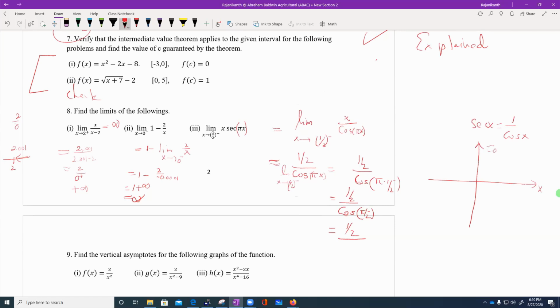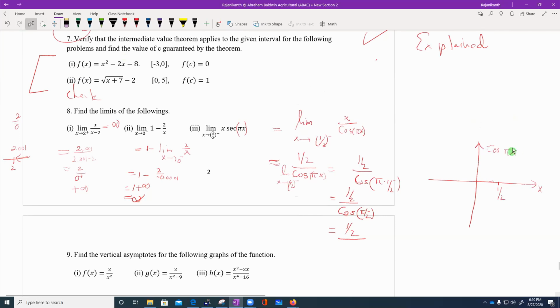I'm going to look at the cosine pi x graph. Okay. My x is now approaching half, right, from the left.